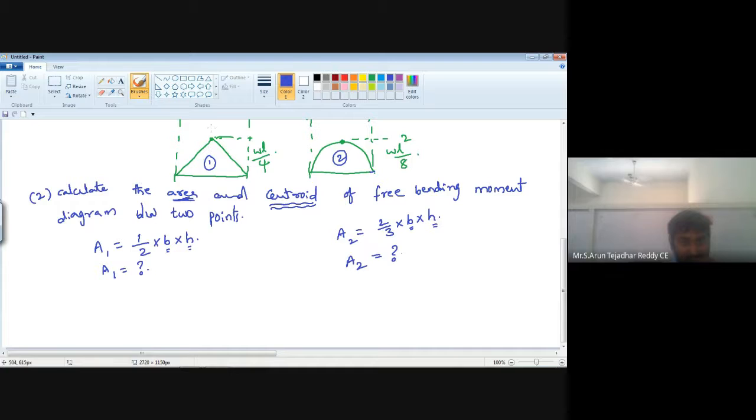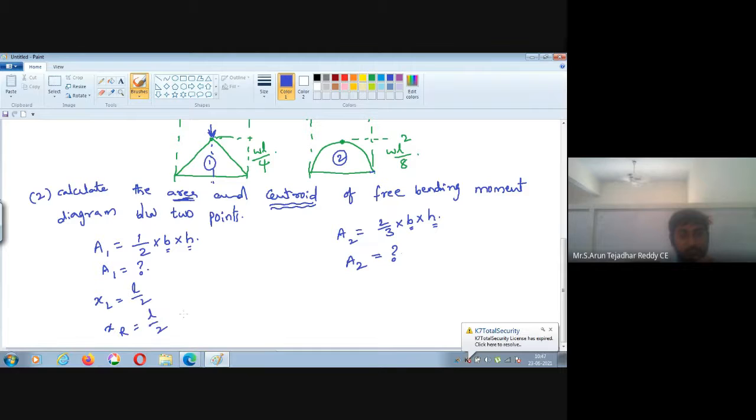If the load is acting at the center of the span, then the centroid is XL equal to L by 2, XR equal to L by 2.